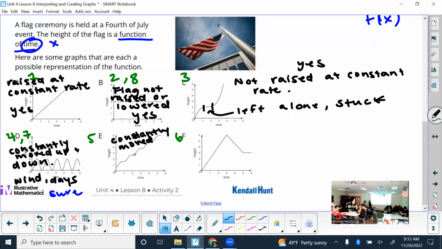Constantly moved in what direction? Upward. And it kind of just looks like they're taking little breaks. Like pulling it, stopping for a second, pulling it, stopping for a second. So is that reasonable? All right, last, table 6, what would graph F tell us about the flag?